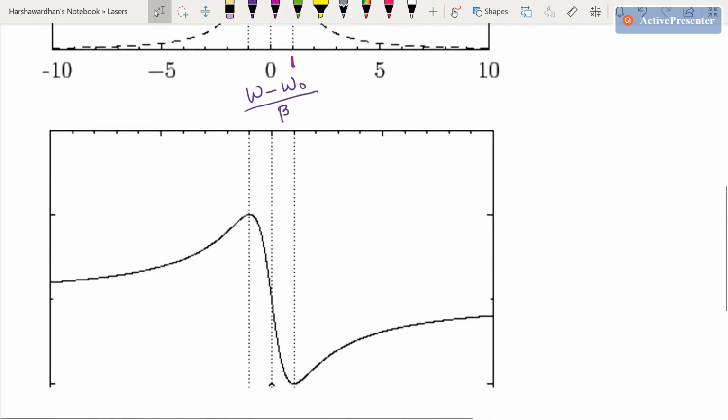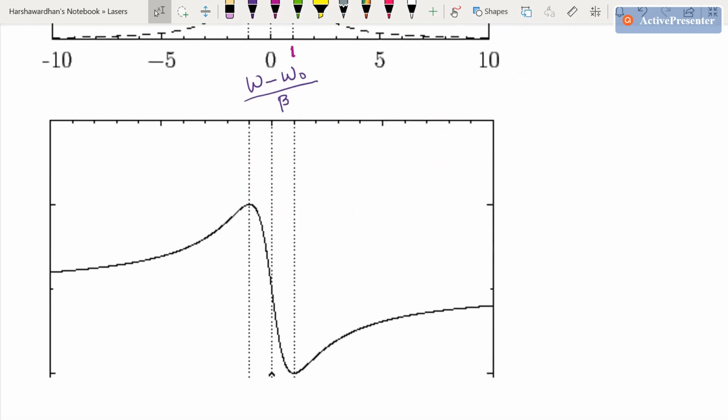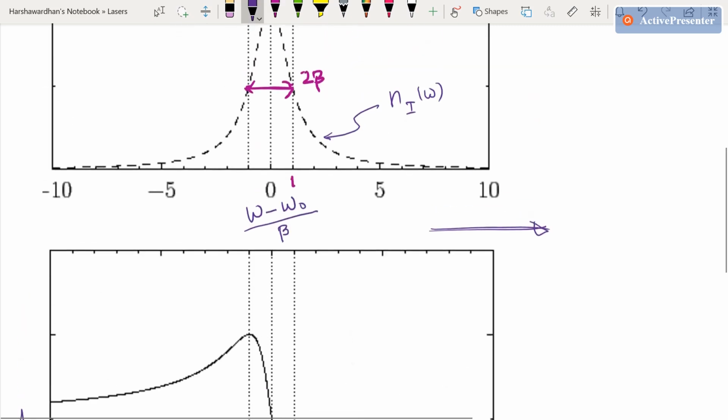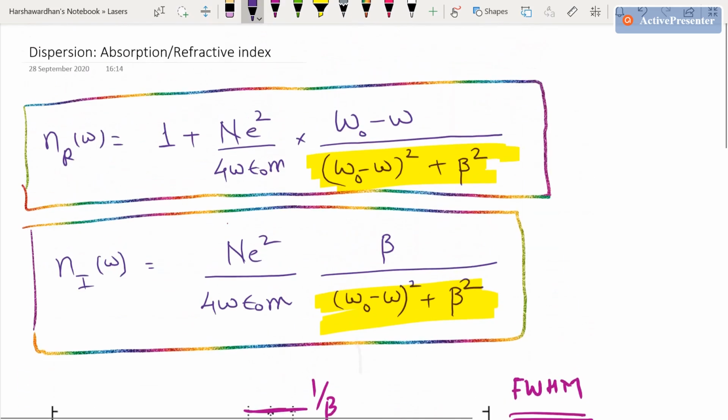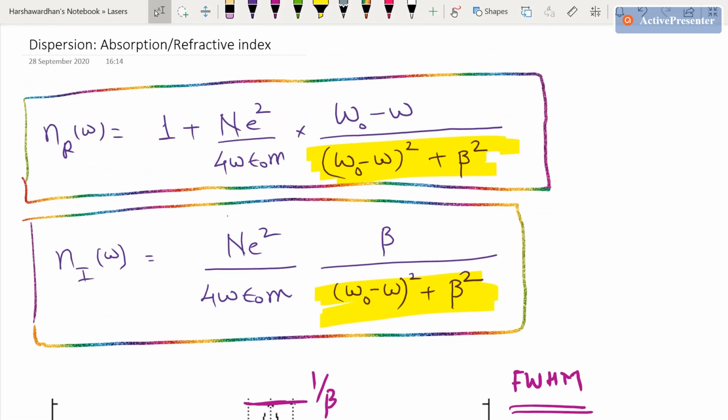The x scales are exactly the same, so this is indeed omega equal to omega naught. At this point, I am marking this as 1, and these are quantities above and below 1. At omega equal to omega naught, it goes to 1.